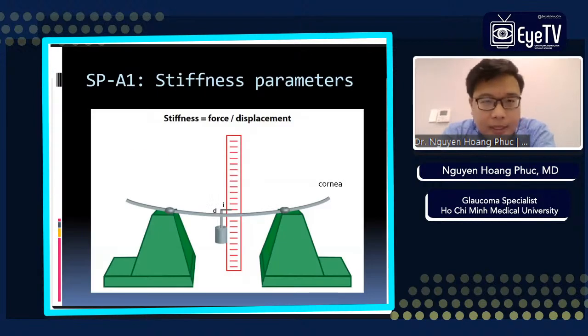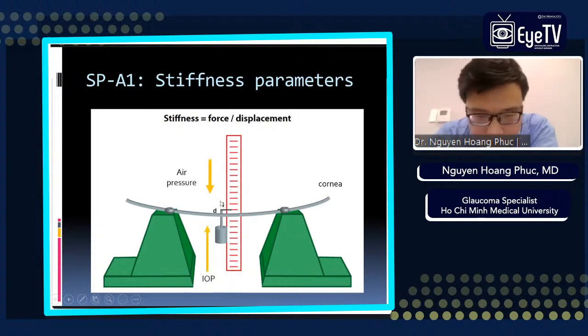The second parameter I want to talk about this afternoon is SP-A1, the stiffness parameter. Stiffness is defined as the change of shape with force. With the cornea, we have two forces: air pressure and intraocular pressure, in opposite directions.